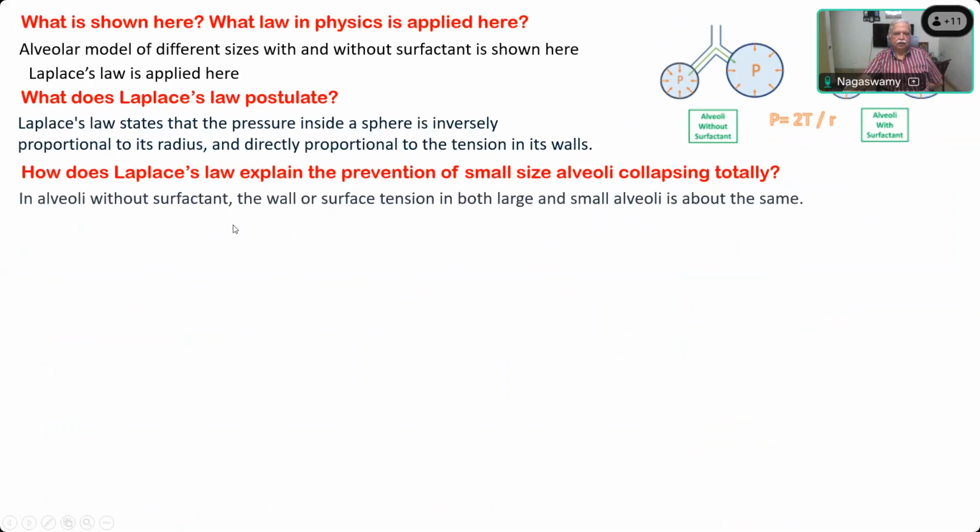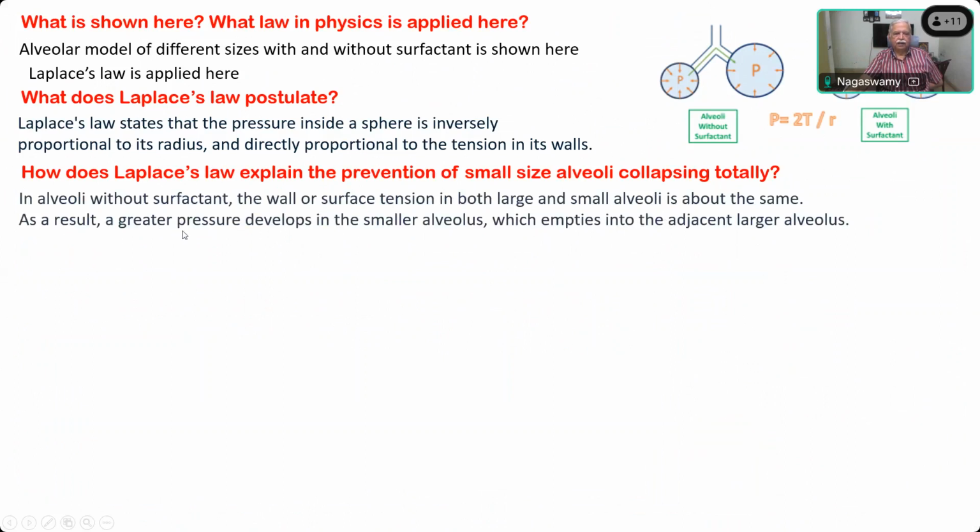So in alveoli without surfactant, the wall or surface tension in both large and small alveoli is the same. On the contrary, the greater pressure is generated because of the smaller radius. So I told you that the pressure is inversely proportional to the radius. So smaller the radius, greater pressure will be there, so it will empty into the larger one.